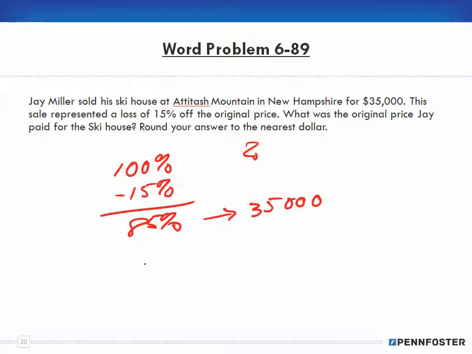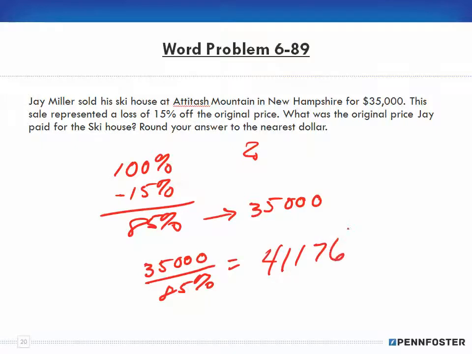Again, 35,000 divided by 85%, so 35 divided by 0.85, and that gives me $41,176.47. Okay, that's the original price.